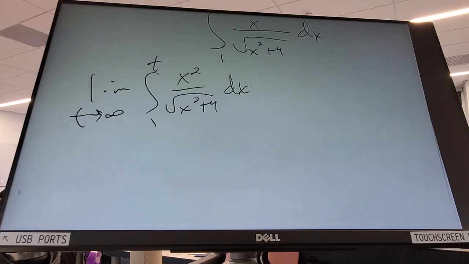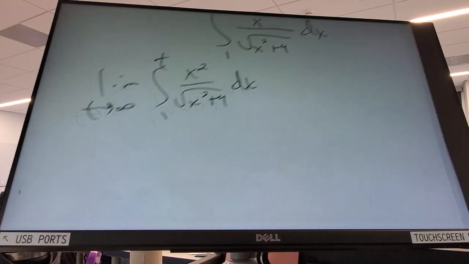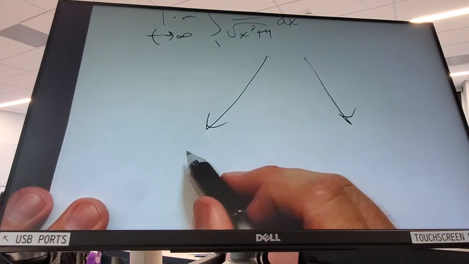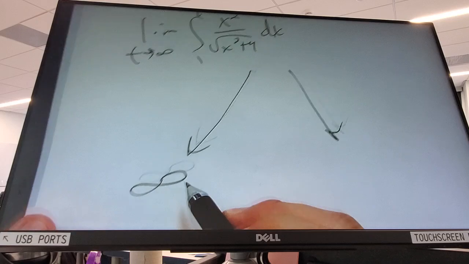So if I wanted to, I could put this in the test. Is that all right? And what's the whole idea? If I do the limit, what am I looking for? What 2 things could happen? It could either go to infinity, in which case, what does a series do?